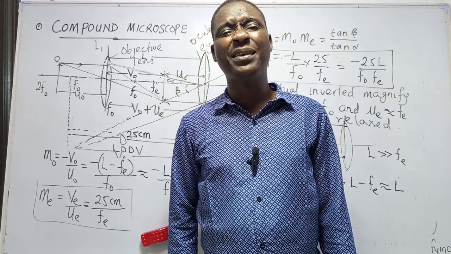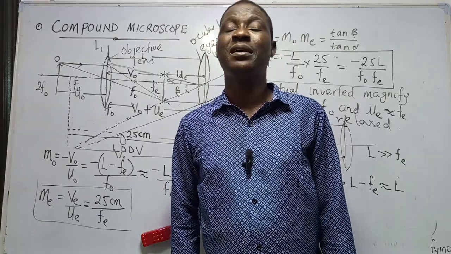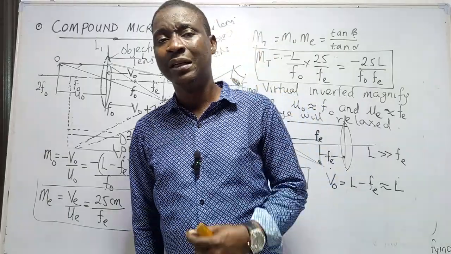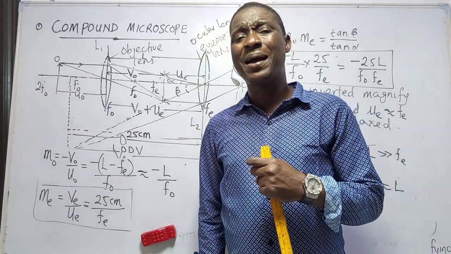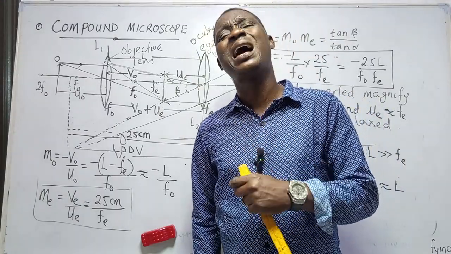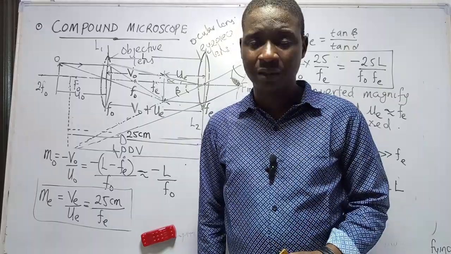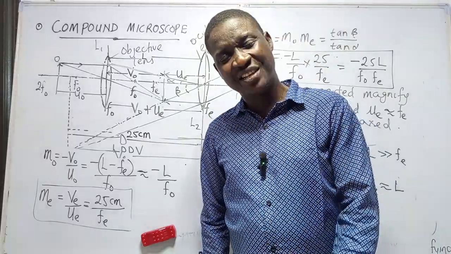It resolves the limitation of a simple microscope. In our last class, I told you to go and look for something for me. Now, in this class, the question is: does a compound microscope have a higher resolution compared to a simple microscope? Why is a compound microscope preferable to a simple microscope?